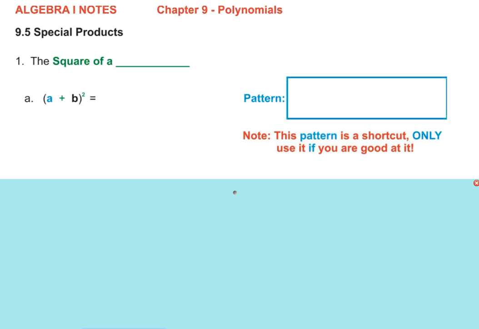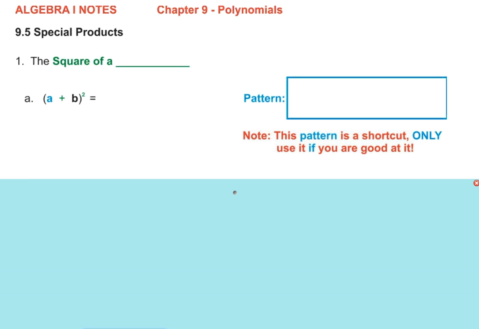So, I say all that to say this. The things we're going to look at today, you can definitely do longhand and not worry about the shortcut. And I'm not so worried about the shortcut right now. We're going to get a few things next chapter when we factor that we'll need to learn, which are these shortcuts in reverse.